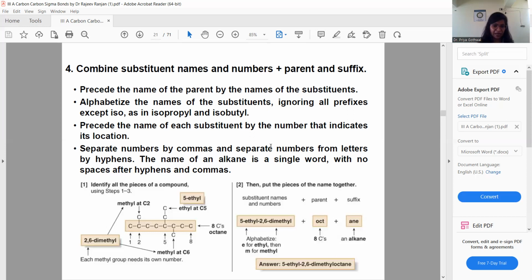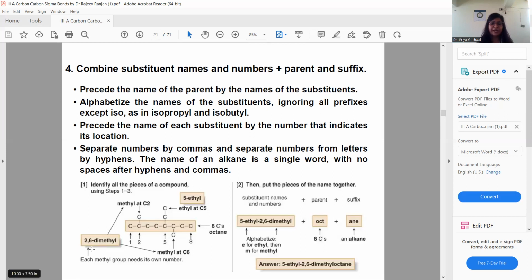In this type of example, we identify the locants and all the pieces of the compound using steps 1, 2, 3 we discussed earlier. Here there is an 8-carbon chain, which is known as octane. The numbering is left to right. Methyl at C2 position, ethyl at C5 position, and methyl also at C6 position.